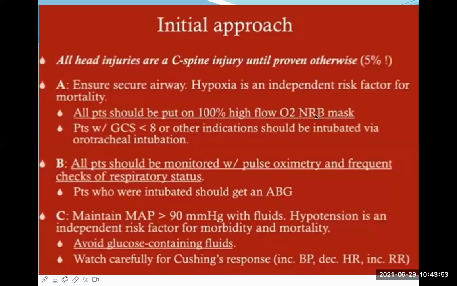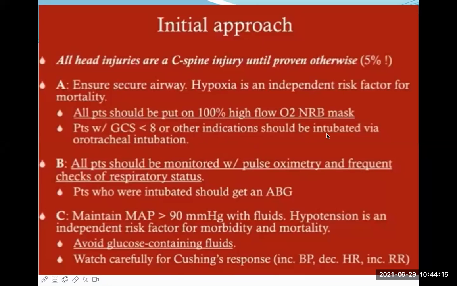This is known as a non-rebreathing mask. High flow, 100% oxygen can be given at the rate of 10 to 15 liters per minute. A patient with Glasgow Coma Scale less than 8 or other indications should be intubated via orotracheal intubation. This is an unconscious patient. GCS less than 8 is an unconscious or comatose patient.